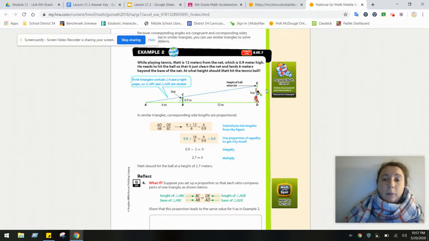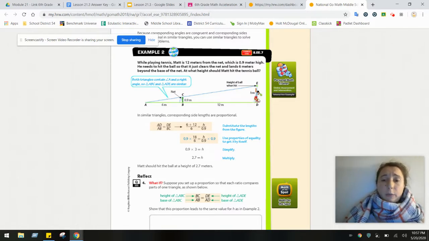He needs to hit the ball so that it just clears the net, meaning it goes past it, and lands 6 meters beyond the base of the net. So it needs to go from here, past the net, 6 meters further. At what height should he hit the tennis ball?